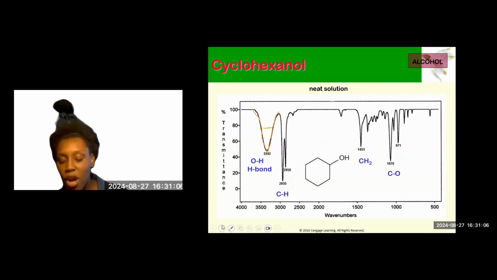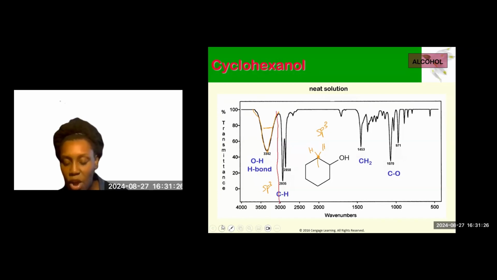Now if I'm looking at this compound, these carbons here are sp3 carbons. So you also have this sp3 CH stretching. So all the peaks, there's no double bonds, are all going to be below the 3,000 range. If I draw a line at 3,000, all the peaks in this cluster are below. So this means there's no double bonds.